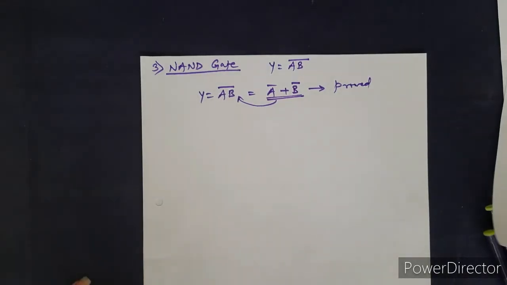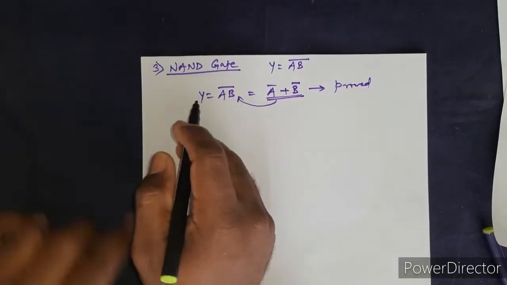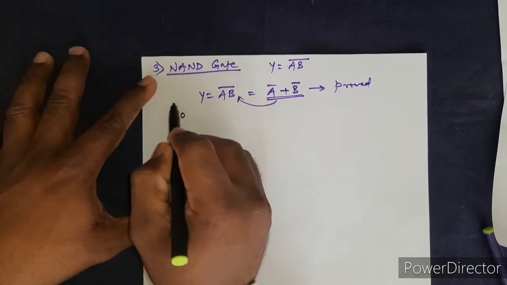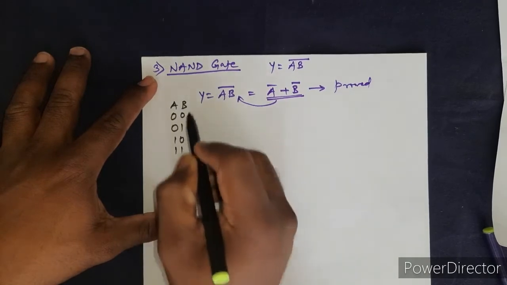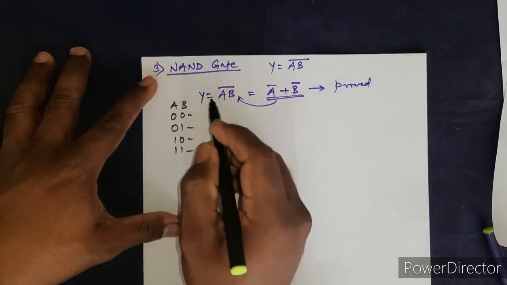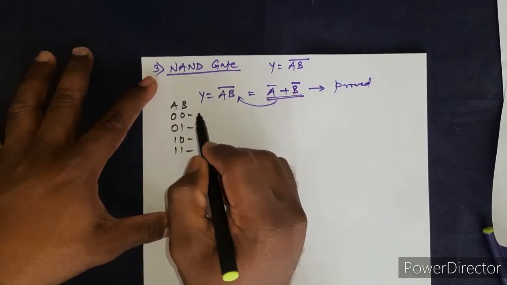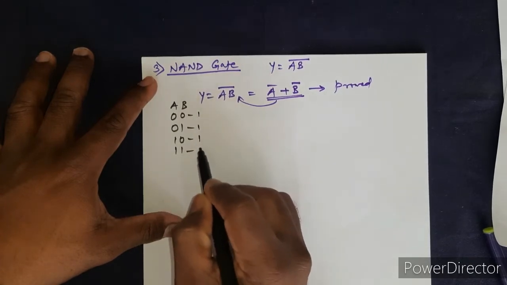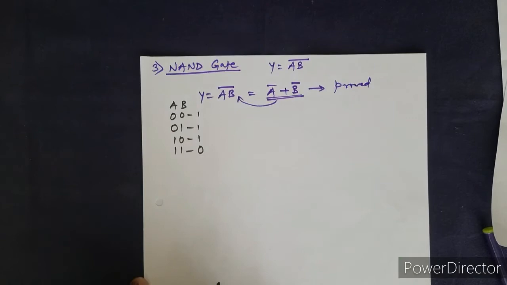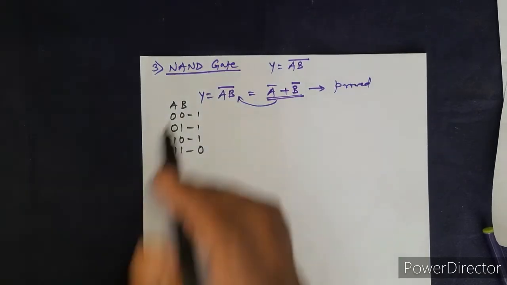So this expression is as good as the expression of NAND gate. Okay, now considering the truth table for NAND gate, so it is 0 0, we have a b, 0 1, 1 0, 1 1. NAND means opposite of AND gate, so here it is 1 1 1 0, right?